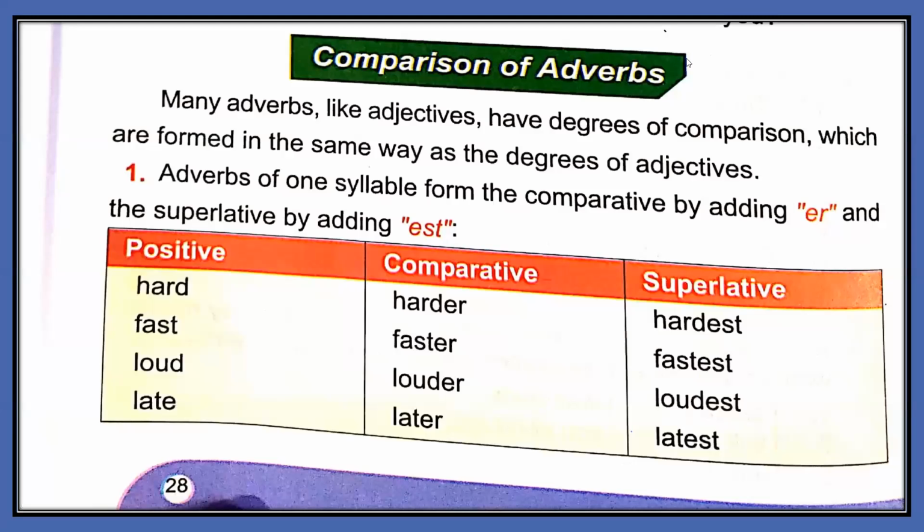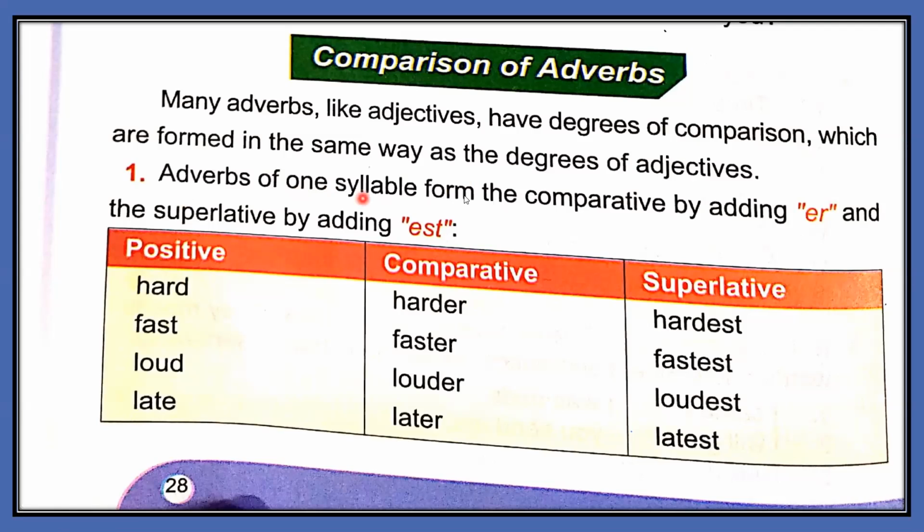Now, dear students, we are on page number 28 and we have the comparison of adverbs. Many adverbs, like adjectives, have degrees of comparison. As you know, we have the comparison of adjectives, so the same we have in adverbs as well, formed the same way as the degrees of adjectives.